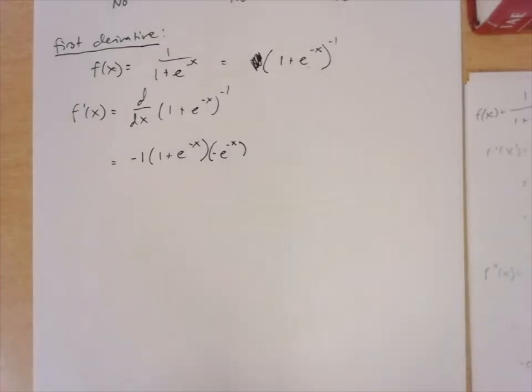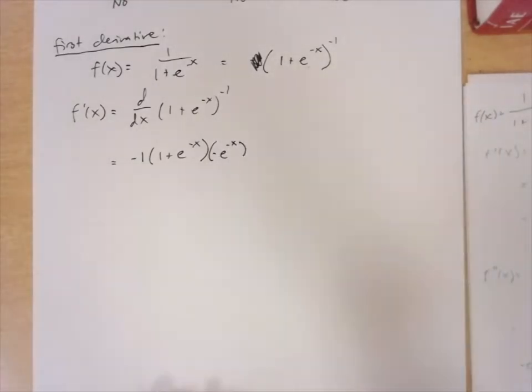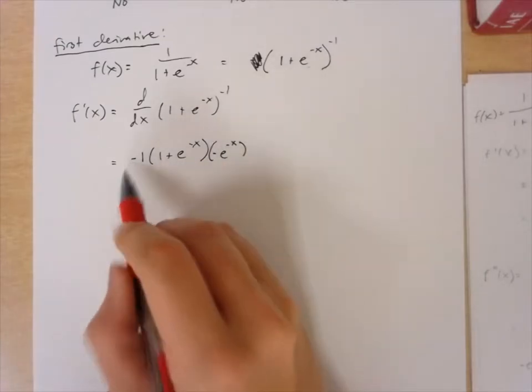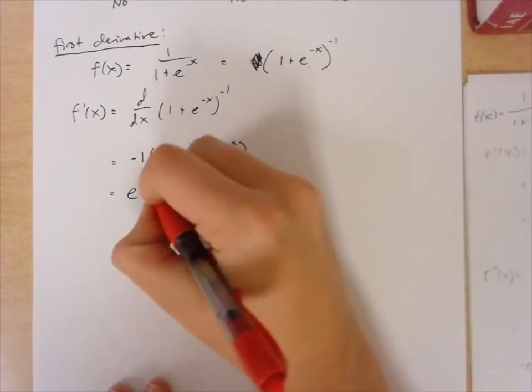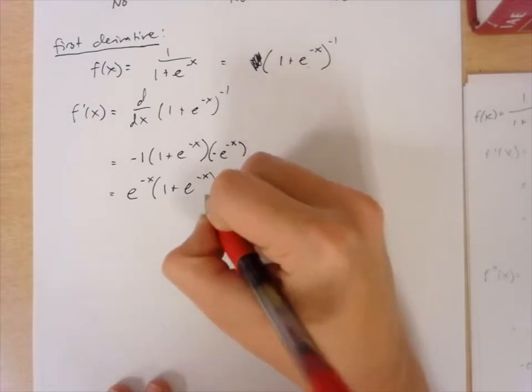You take the derivative of the outside, so you put that negative in front, and then you take the derivative of the inside, e to the negative x, and that is still just e to the negative x. So that's why I get the derivative of negative e to the negative x. When I multiply this negative e to the negative x by negative 1 out front, I get just regular e to the negative x times 1 plus e to the negative x.